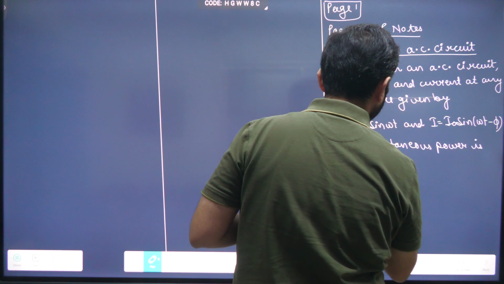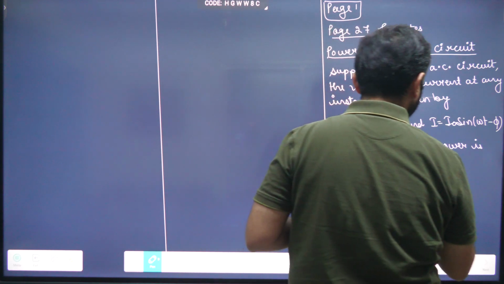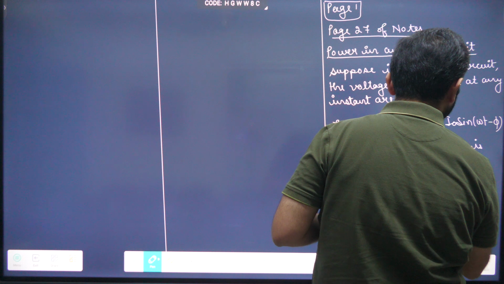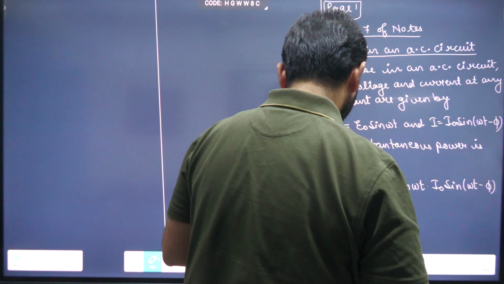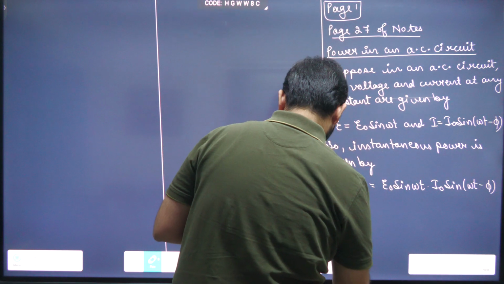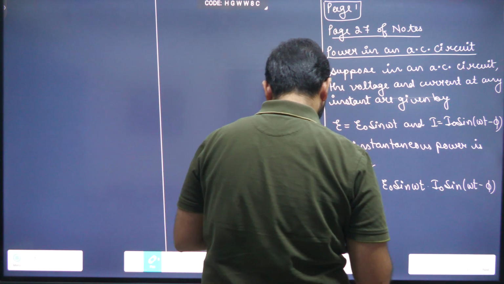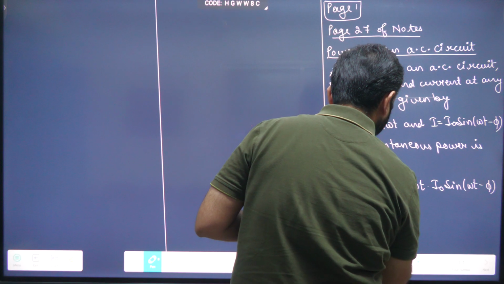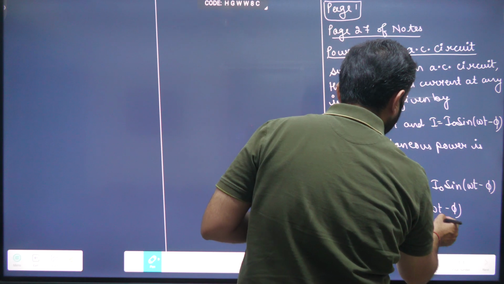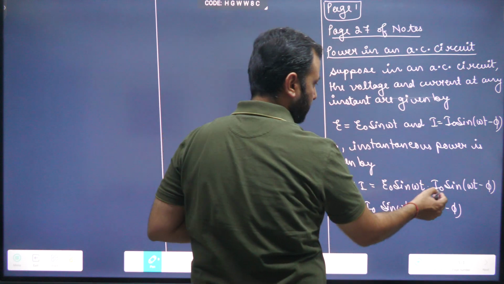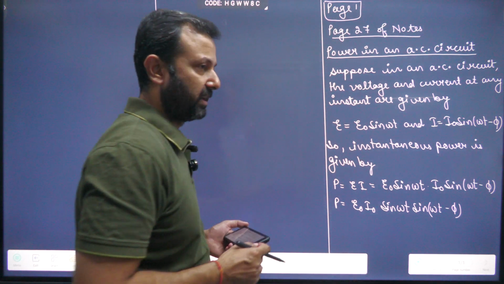E is E naught sine omega t, and I is equal to I naught sine omega t minus phi. So P is equal to E naught I naught sine omega t into sine omega t minus phi. I have taken E naught at first place and I naught at second place.